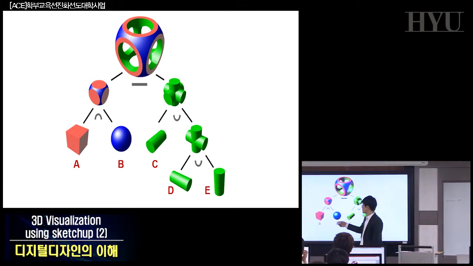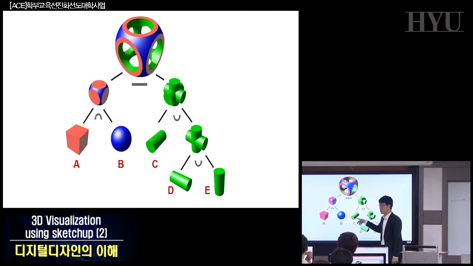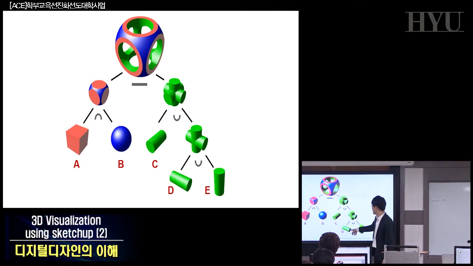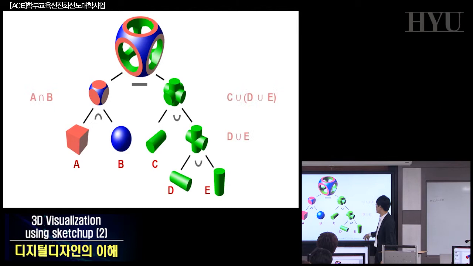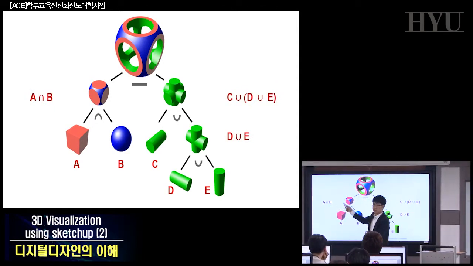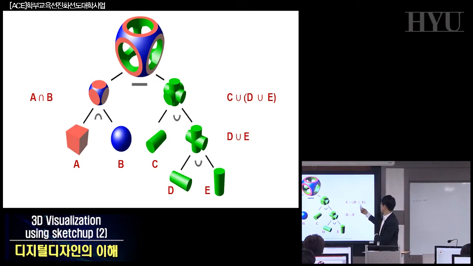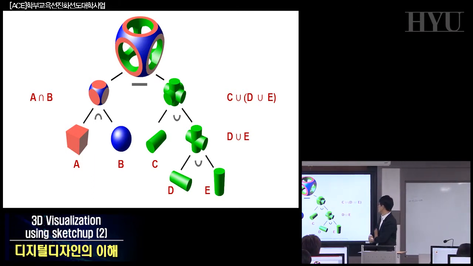Let's assume that A is a box shape, B a sphere, C a cylinder, and D and E different types of cylinders. A intersection B returns this one. C union B, and D and E union returns this one.